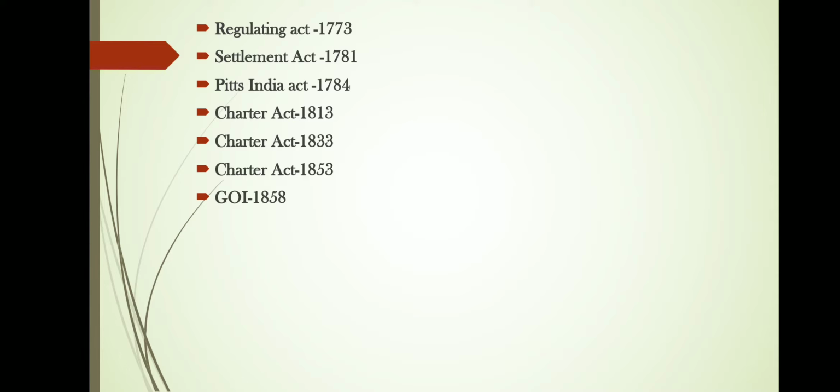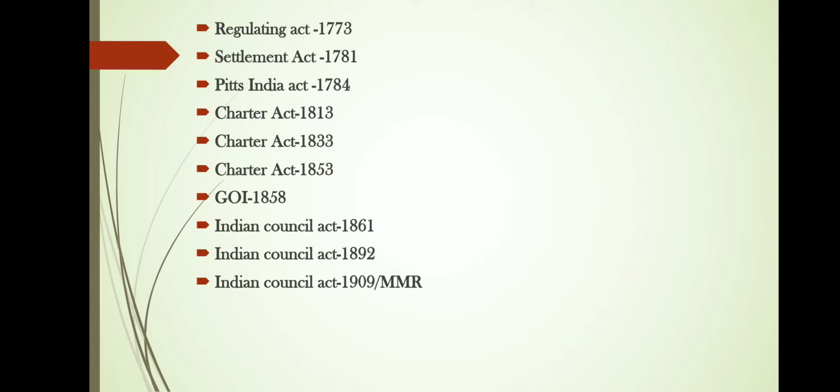Then Government of India Act 1858, Indian Councils Act 1861, Indian Councils Act 1892, Indian Councils Act of 1909 or Morley-Minto reforms, Government of India Act 1919 or Montagu-Chelmsford reforms, Government of India Act 1935, and finally the Independence Act of 1947.